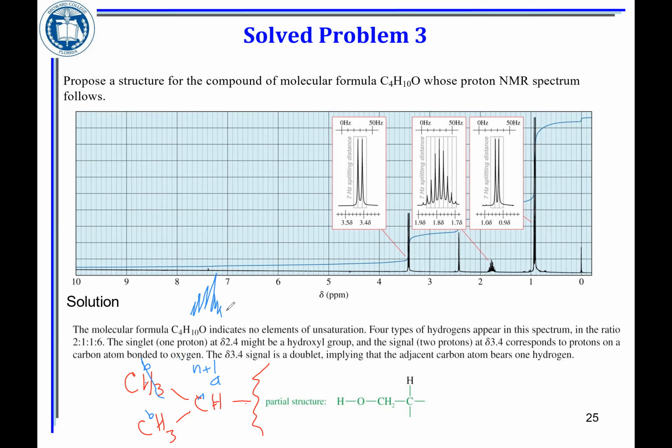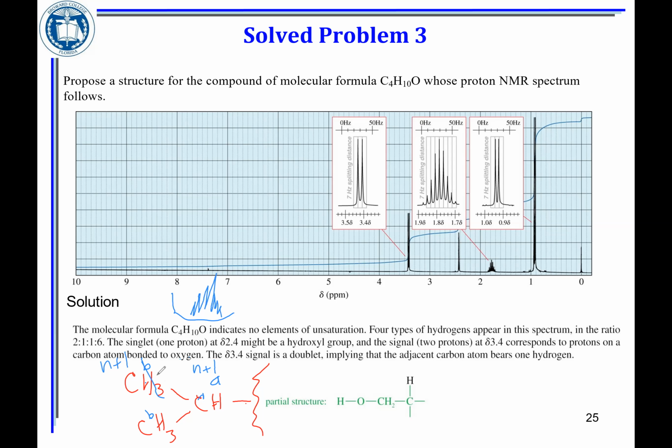When you have a peak like this, and also in the neighborhood of less than 2 you have a peak for hydrogen B, what would be the splitting pattern for hydrogen B? Splitting pattern means the value for N plus 1.